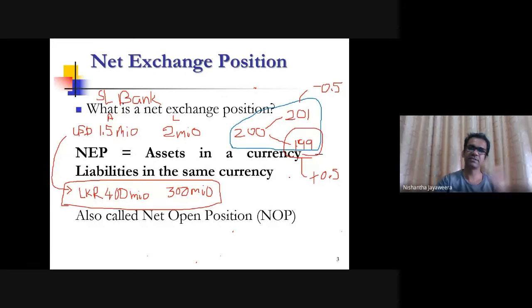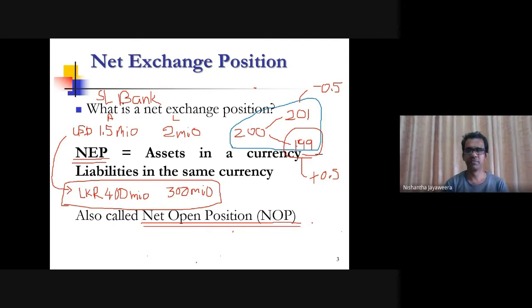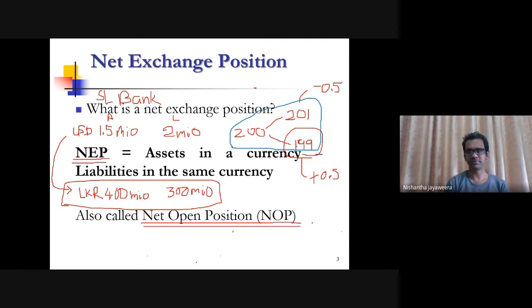So sensitivity is 1-to-1. Whether it will give a profit or loss depends on whether you have more assets than liabilities or less assets than liabilities. Here we call it the net exchange position or the net open position. In Sri Lanka, we mostly use NOP, net open position, rather than net exchange position.